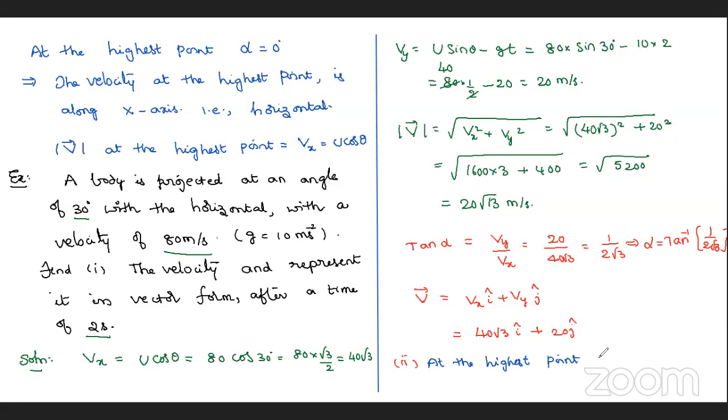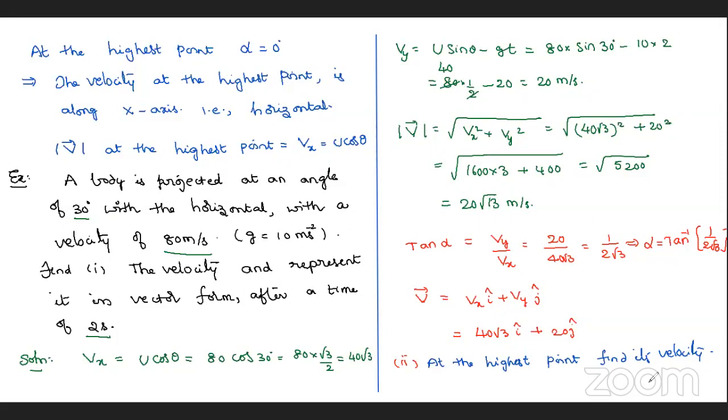At the highest point, find its velocity. Yeah, Vy is 0 and Vx we already found, that is 40 root 3. Exactly. So this will be very simple. I am moving to the next page.